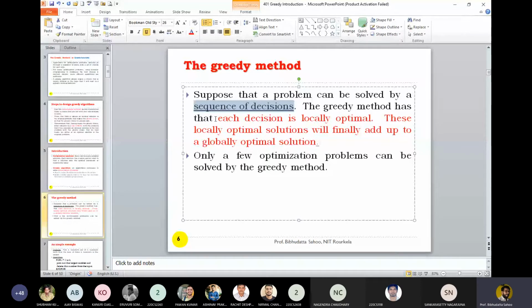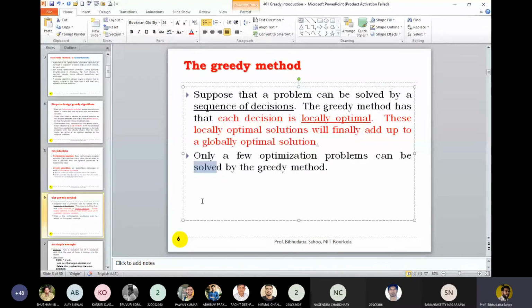The greedy method has the property that each decision is locally optimal, and these local optimal solutions will finally add up. This does not always add up; you can say you are cascading, depending on your problem. Only a few optimization problems can be solved using the greedy method. What do you mean by solved? When we are able to find the optimal solution.